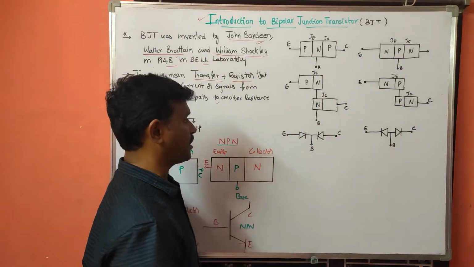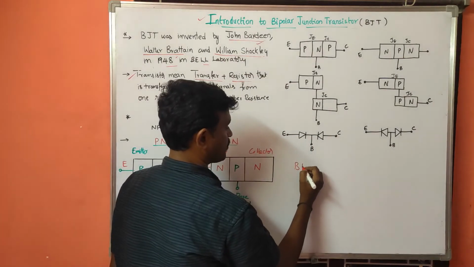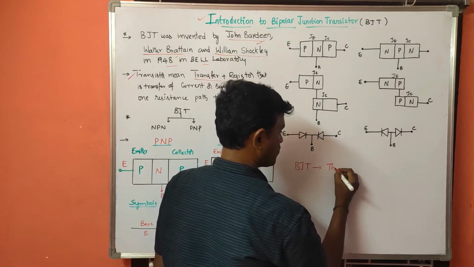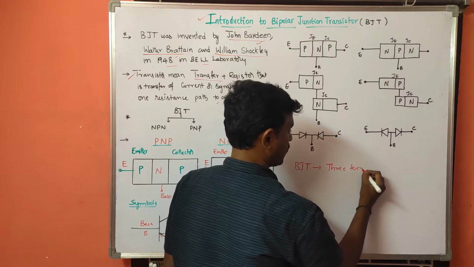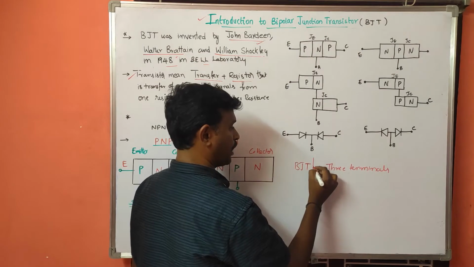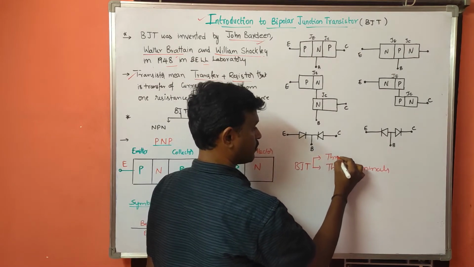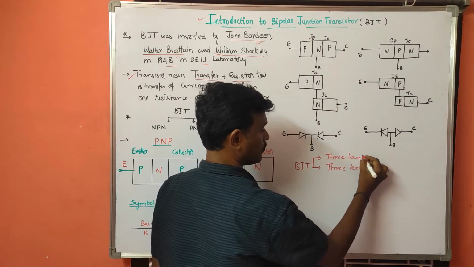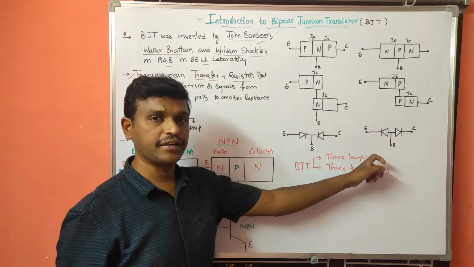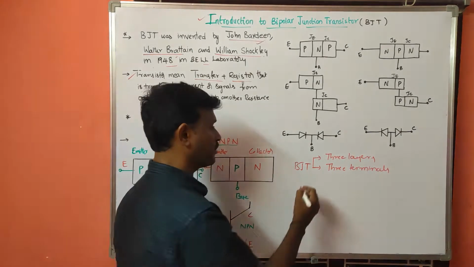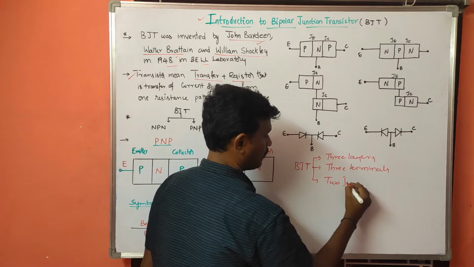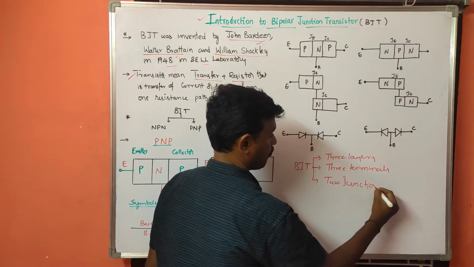It consists of three layers and three terminals, and two junctions here. We have two junctions.